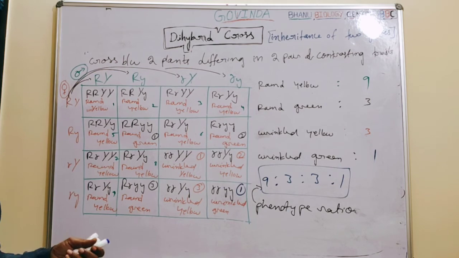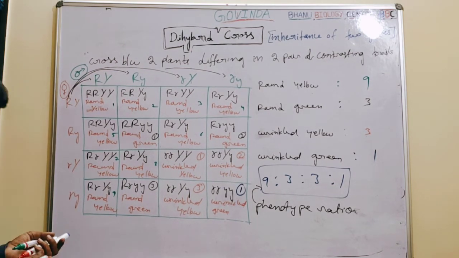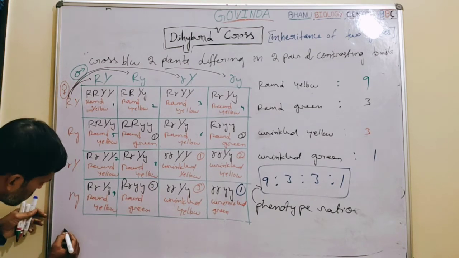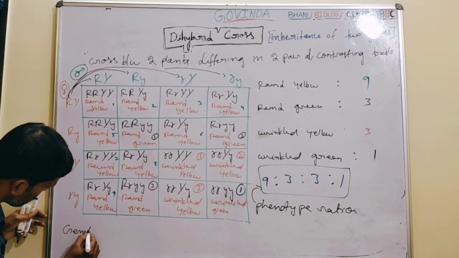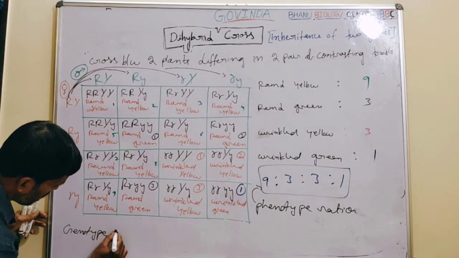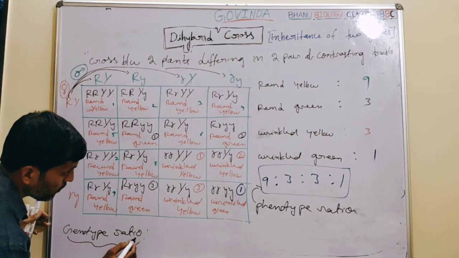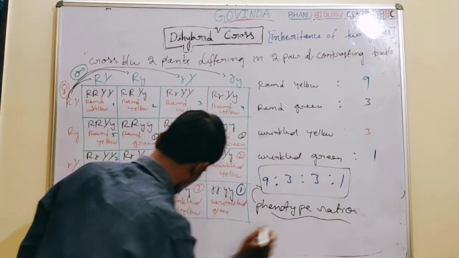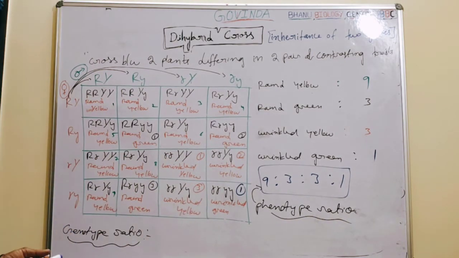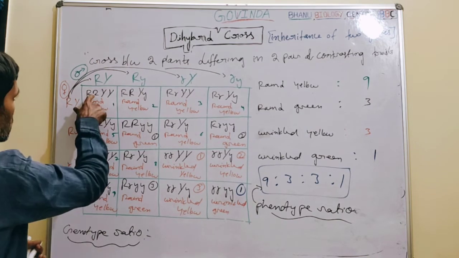9:3:3:1, right? Next, what is the genotype ratio of this dihybrid cross? Genotype ratio of this one. So these are the genotypes.